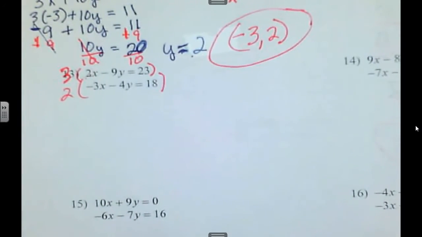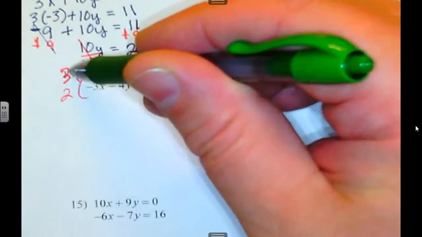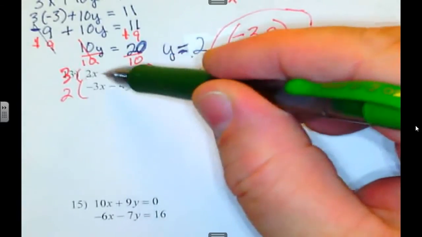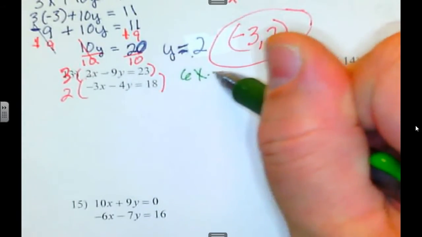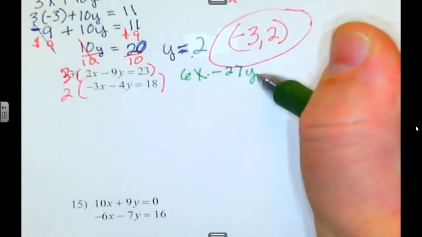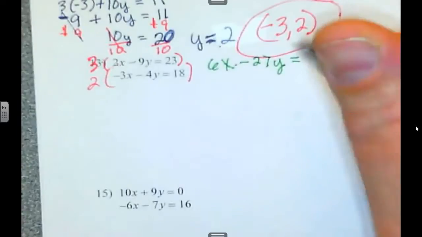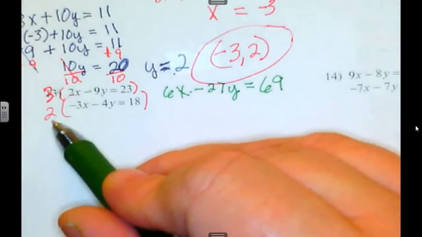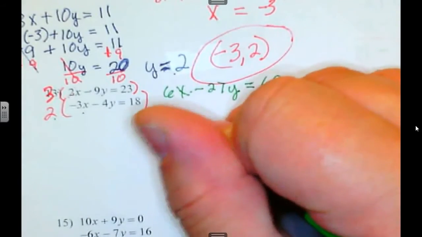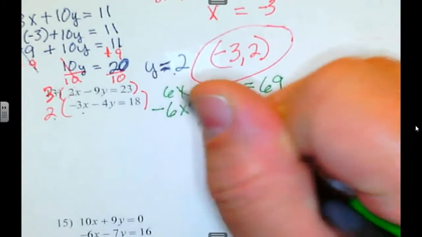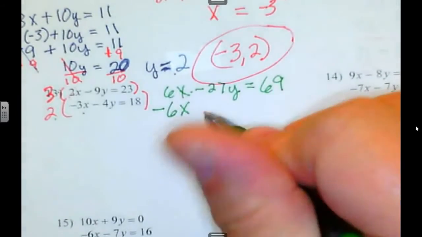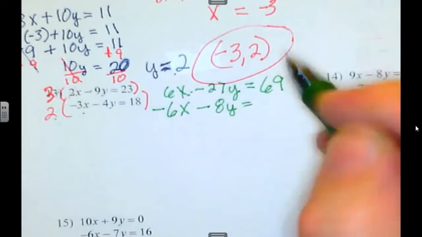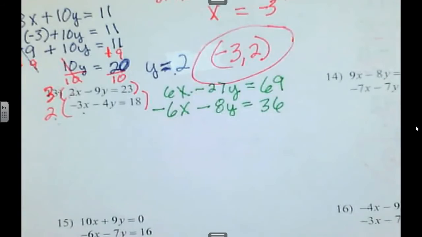Let's see if I can do this without messing it up. Okay, 3 times 2x is what? 3 times -9y, -27y. 3 times 23, 69. 2 times -3x, -6x. Good, they're going to eliminate. 2 times -4, -8y. 2 times 18, 36.